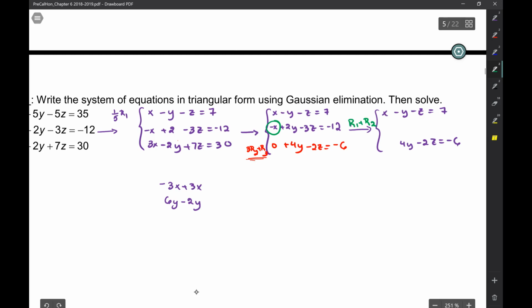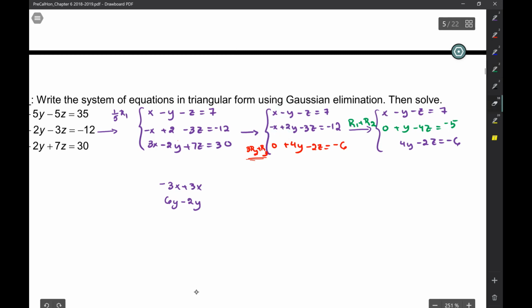So x plus negative x is 0. Now, row 1 plus row 2 is plus y. Then you do the same operation with the z's. Row 1 plus row 2, negative 4z. Row 1 plus row 2, negative 5. Negative z plus negative 3z.